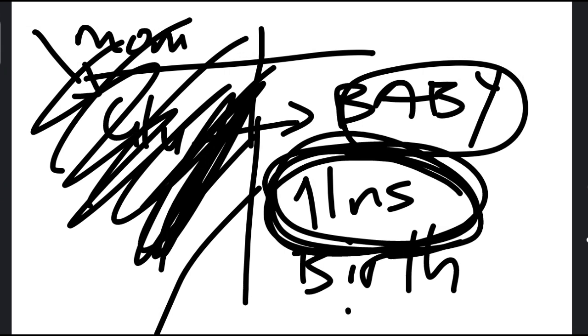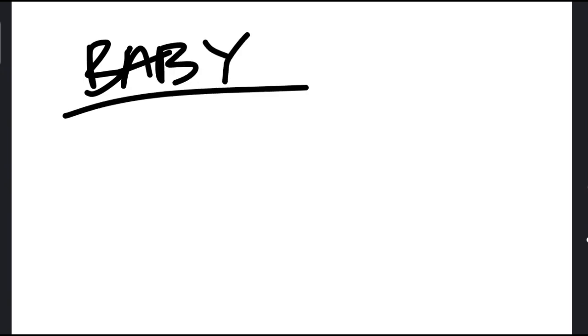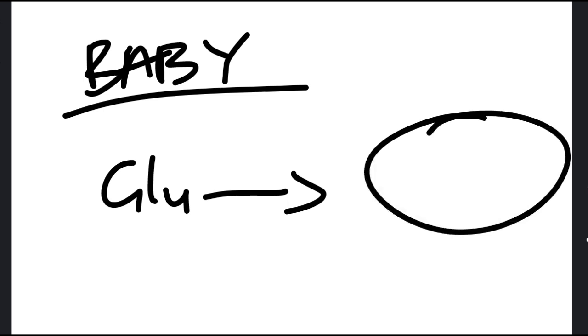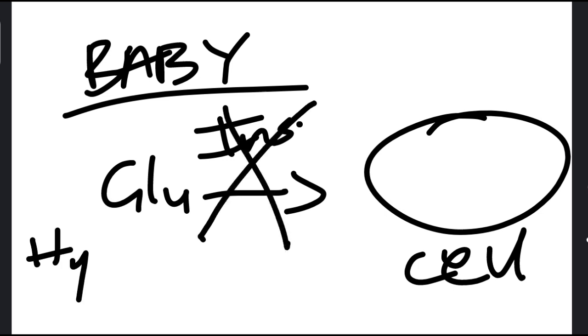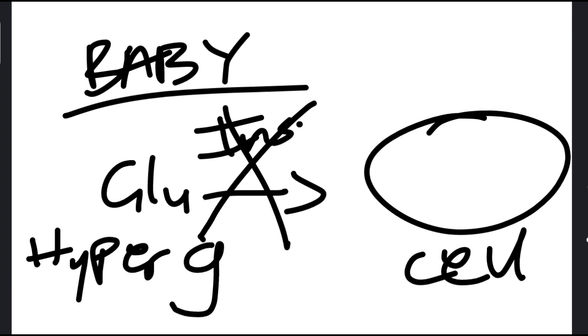So ultimately, the amount of glucose that the baby will have will easily enter the cells because of high levels of insulin. Remember we said when insulin is not acting, we had hyperglycemia. So the opposite would be true.